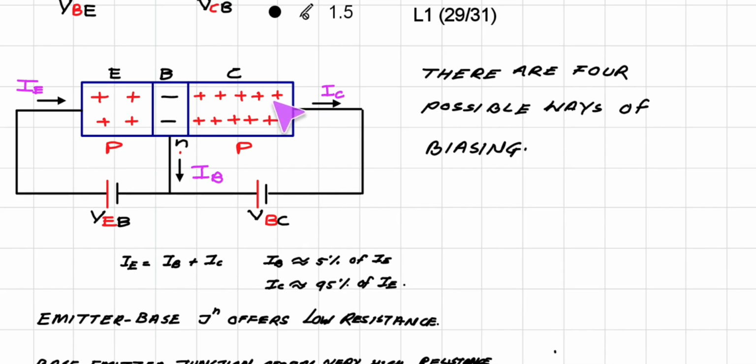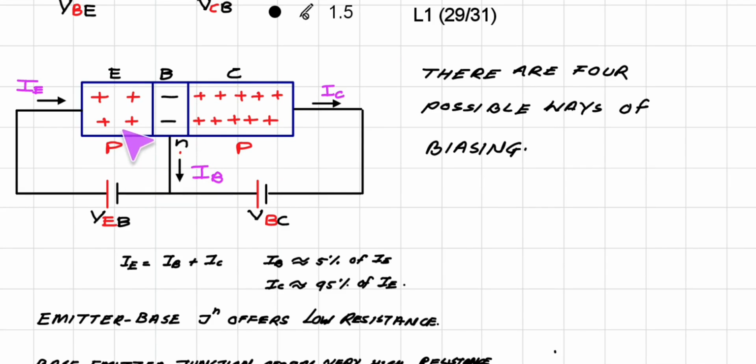That kind of configuration works as a cutoff region, which we are going to see soon. If both junctions are made forward bias, then a large amount of current will flow and saturate the transistor, so the transistor will work in a saturation region. That is also normally not used.